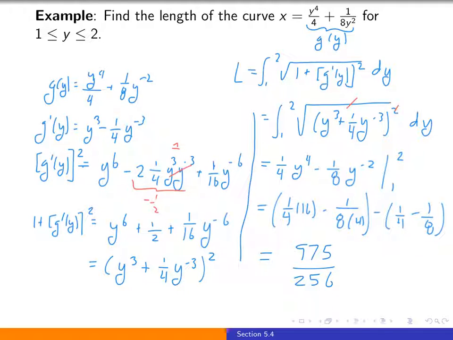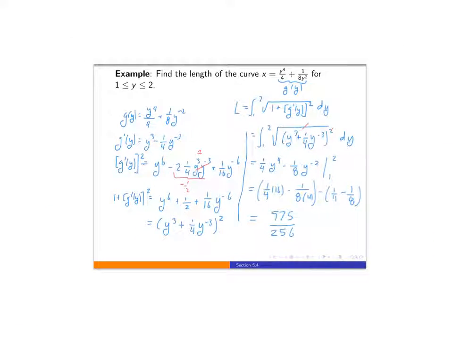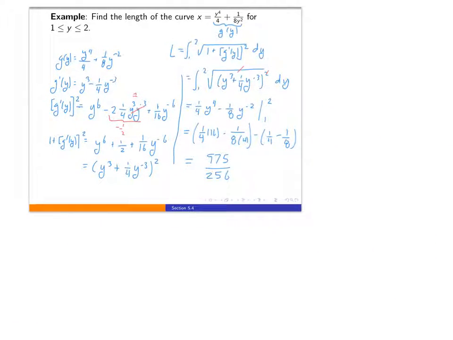And I would just like to finish by making an algebra observation, because I think these steps over here are really the most difficult. What we're really doing is comparing a plus b quantity squared with a minus b quantity squared. We started off with a minus b quantity squared: a squared minus 2ab plus b squared.